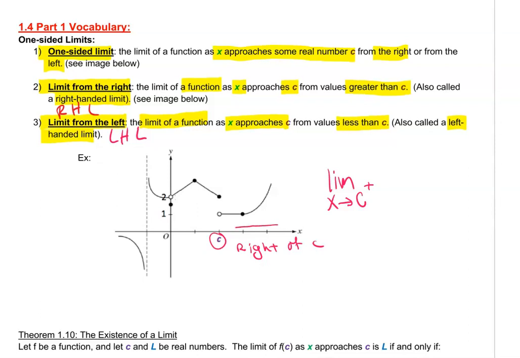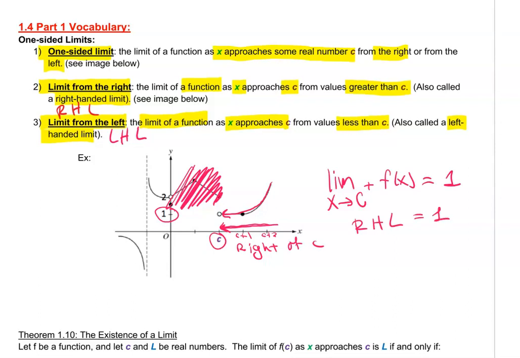We're ignoring everything else, just looking on the right side, and we're saying, as the x values approach c from the right, so this looks like c plus 2, this looks like c plus 1, going down to c, what are the corresponding y values getting closer to? It looks like they're getting closer to 1. So we could say that the right-hand limit for this function at c is 1.